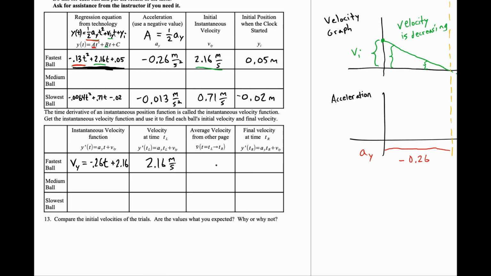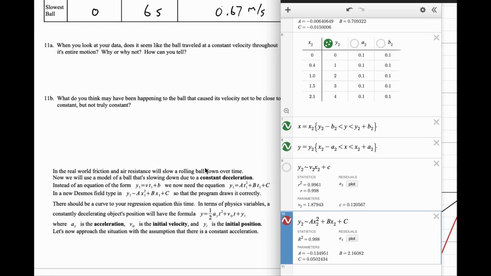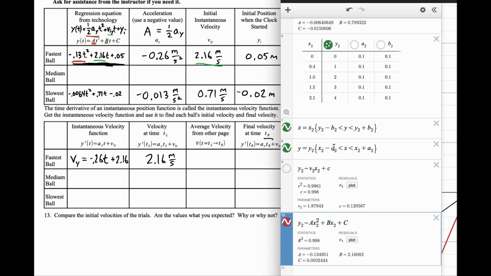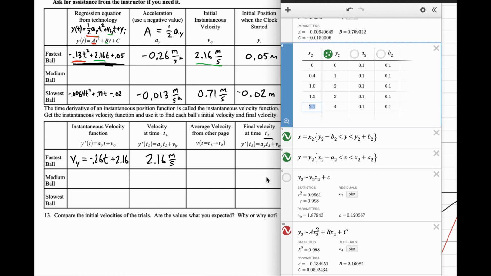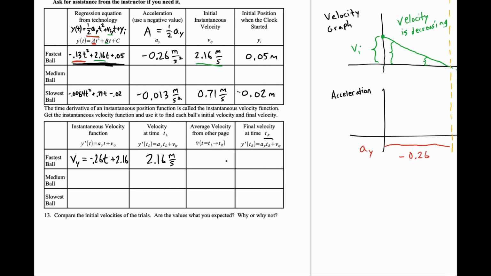Now though, you want to use it to predict what the final velocity is at TR, which is your last time reading. So I got to go back to my data. For the fastball, this is my data. My last time reading is the 2.1. That's when the experiment concluded, basically. So what we want to find now is plug in 2.1 seconds into this formula to see what velocity you end up with according to the regression, right?